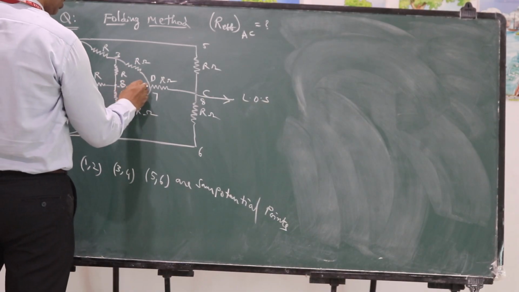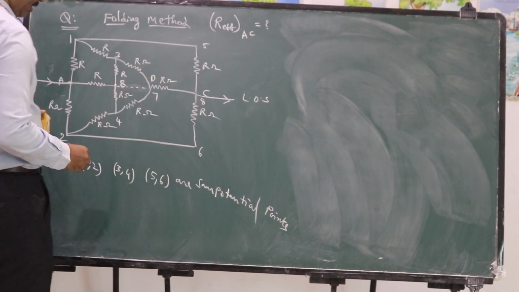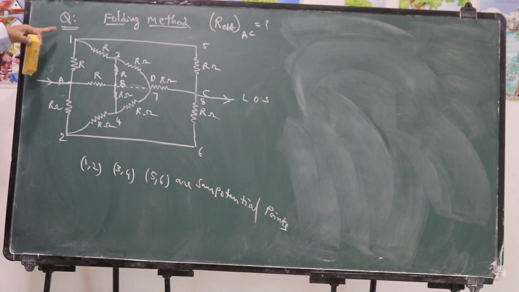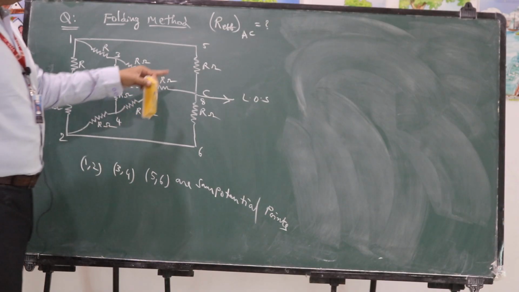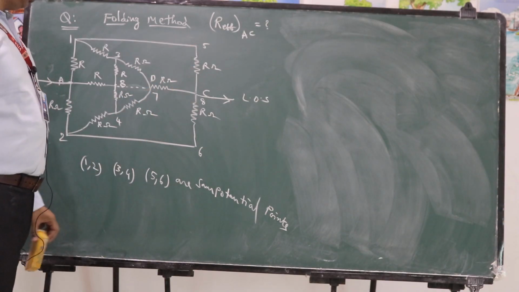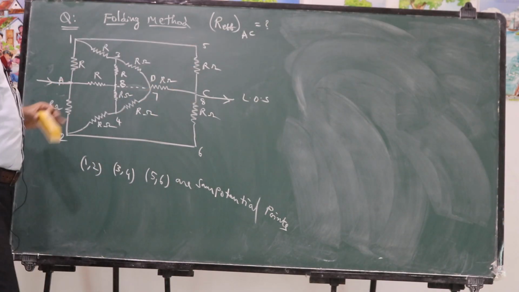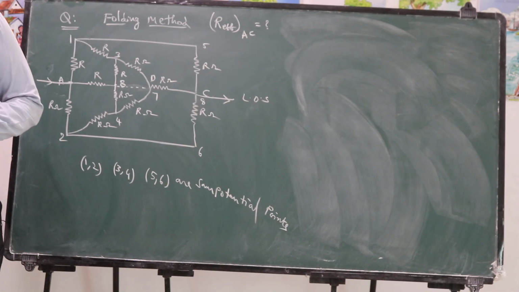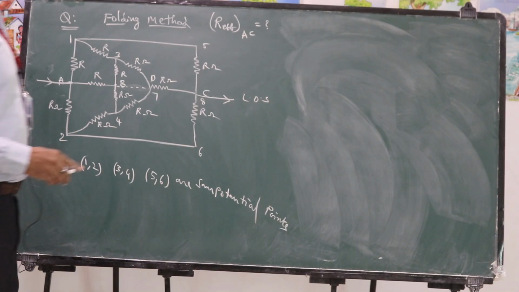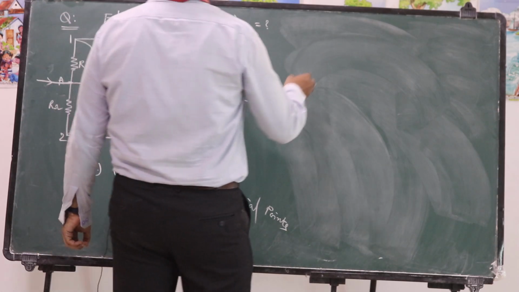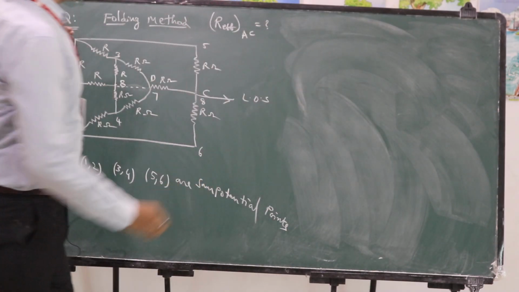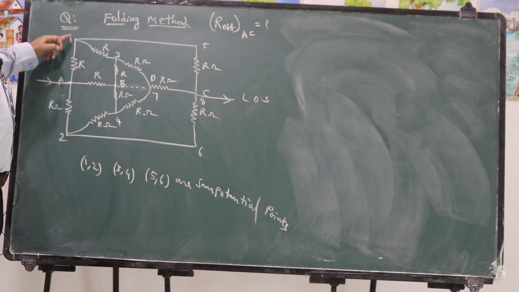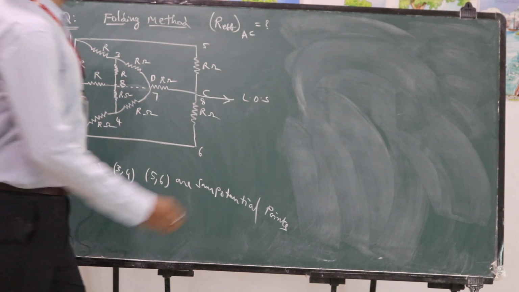For symmetry, it is just a dotted line. Clearly 1 and 2 are at same potential, 3 and 4 are at same potential, and 5 and 6 are at same potential. Now let me fold the circuit and join the identical potential points. For example, if I fold the circuit, you will join 1 and 2.